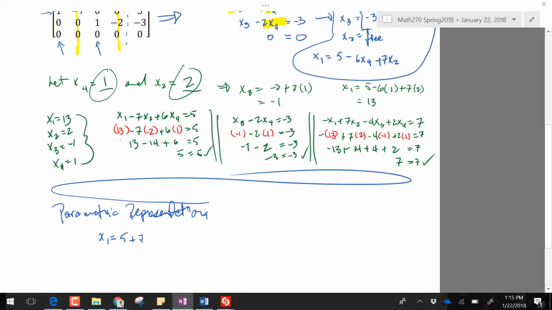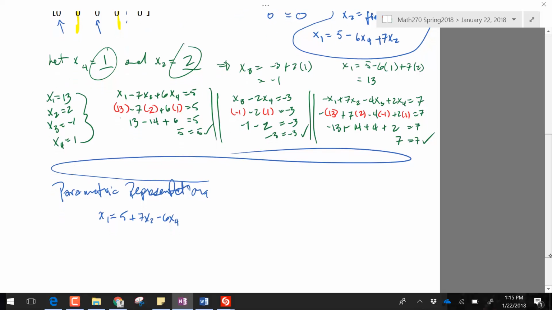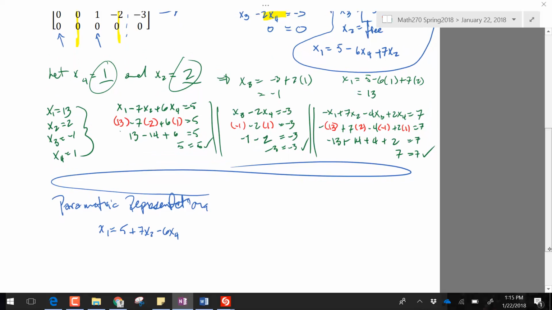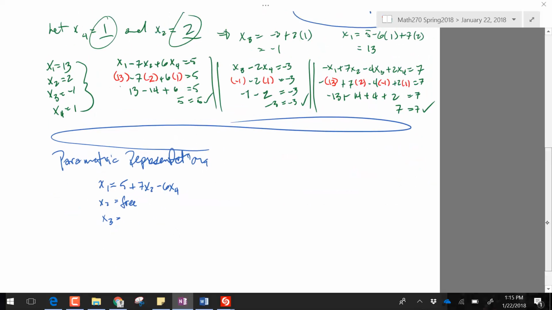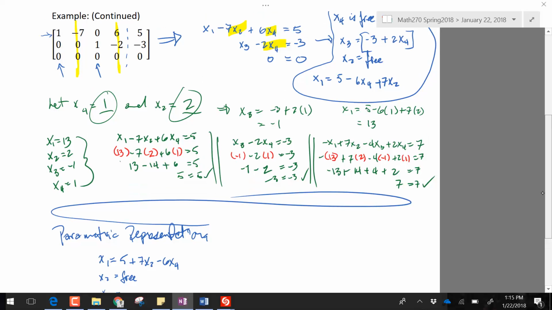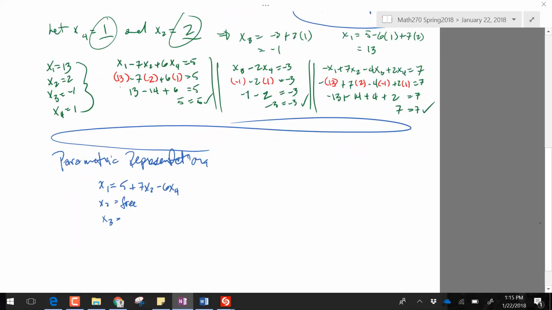It doesn't really matter, but just to kind of see it nicely, x2 is free. x3 is equal to, what's it equal to? -3 plus 2x4.